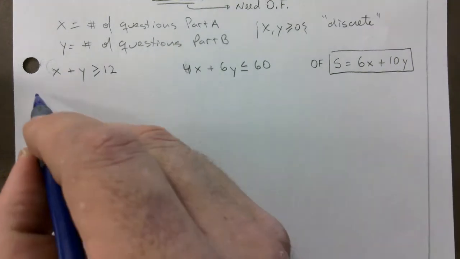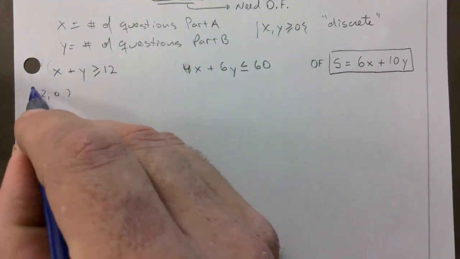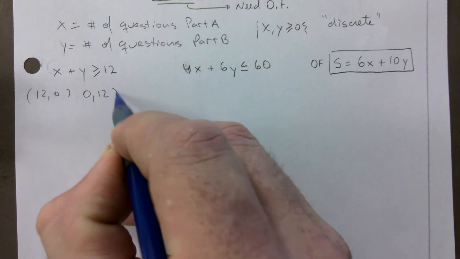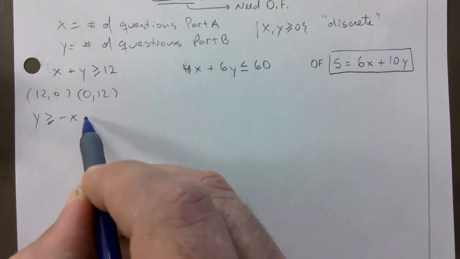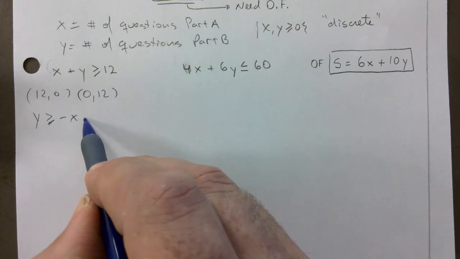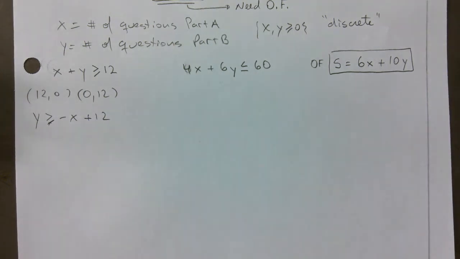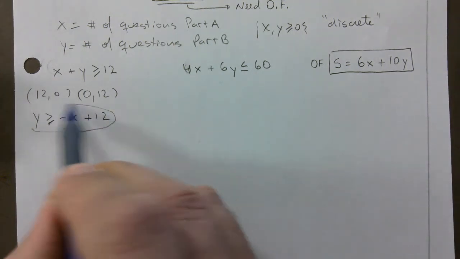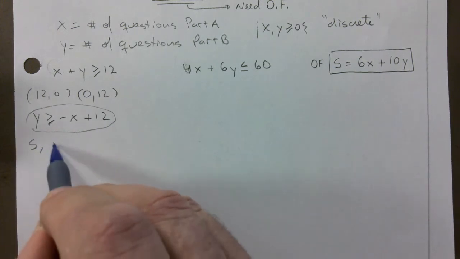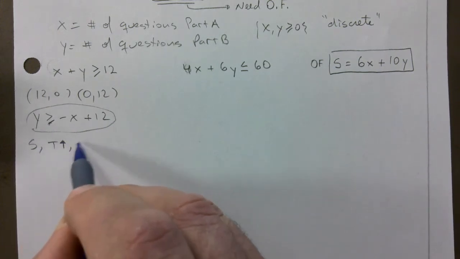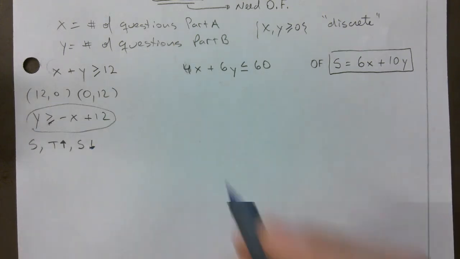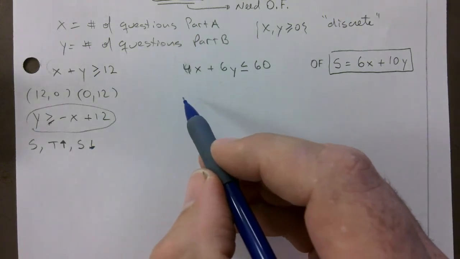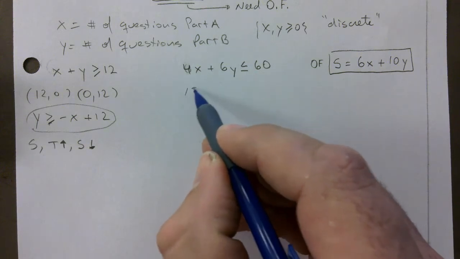All right. So we can do this real quick. 12, 0, 0, 12. Y is greater than or equal to negative X plus 12. Circle that, solid, true above, shade below. Okay, and then I'm going to do this one here as well. You get 15, 0.